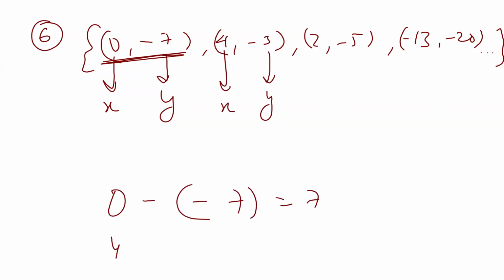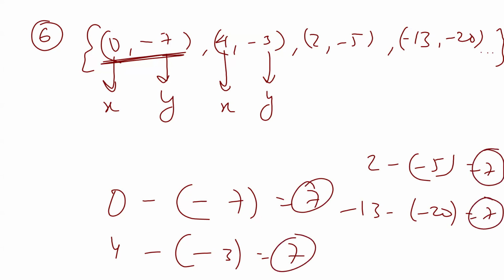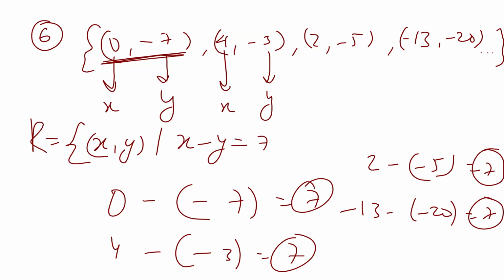The difference between the first and second components of the second ordered pair is also 7. Now look at the third ordered pair, the difference is 7. Fourth ordered pair, the difference is 7. So the difference is 7 throughout. So R is a relation which has x comma y such that x minus y is equal to 7.